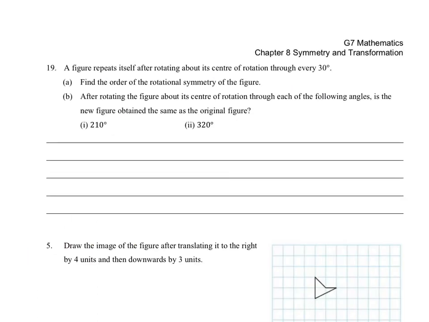Okay, for number 19, the figure repeats itself after rotation of every 30 degree. It means that if I have a trace point here, when it rotates by 30 degree, it will coincide with another point, and then it will move for another 30 degree, another 30 degree, and so on.